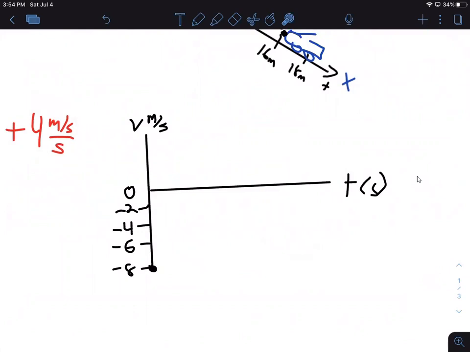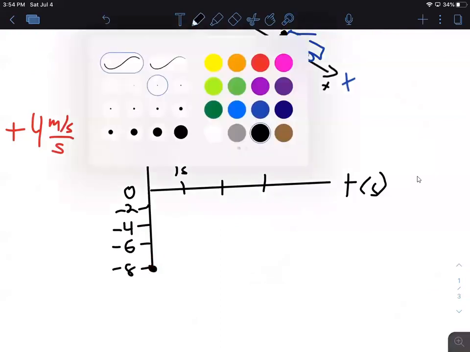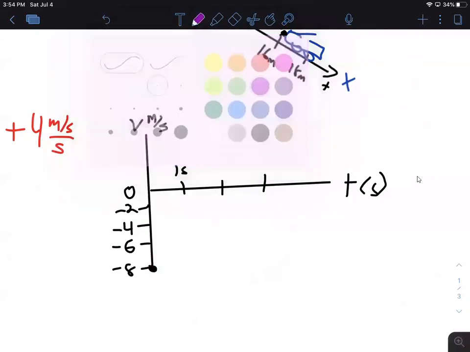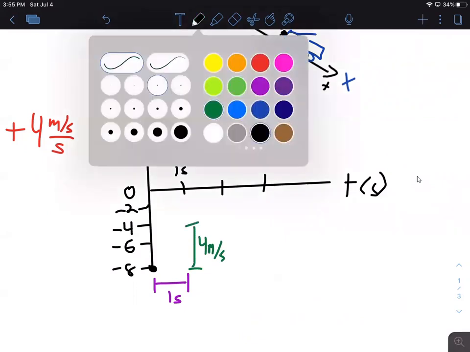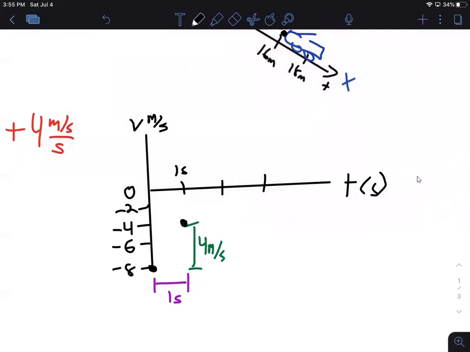So after 1 second, if I have a run of 1 second, my rise needs to be 4 meters per second, because that way 4 over 1 is 4.